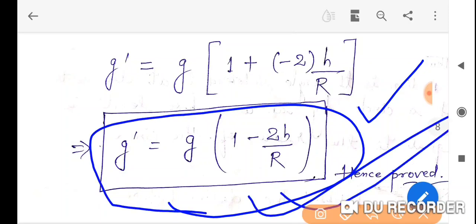This shows the variation of acceleration due to gravity with the height of the object above the earth's surface. Hence the expression is proved. We have seen the use of binomial theorem in solving problems in physics, how the different expressions are reducible to their simplest form when we use mathematical tools.